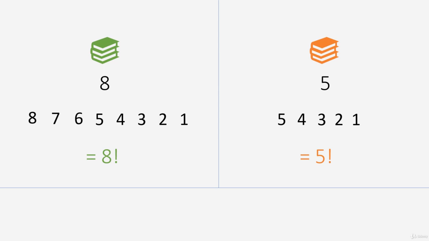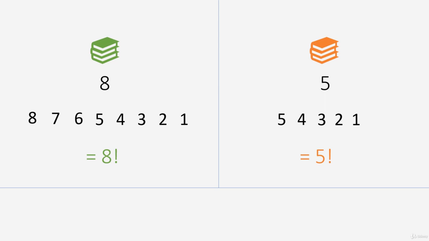And I want to imagine this in the real world. If you somehow line up your computer science books, then you have factorial of 5 options how to line up your math books, right? And then if you change the lineup of your computer science books, you once again have factorial of 5 options how to line up math books.